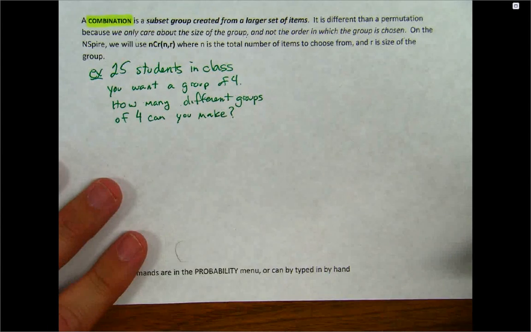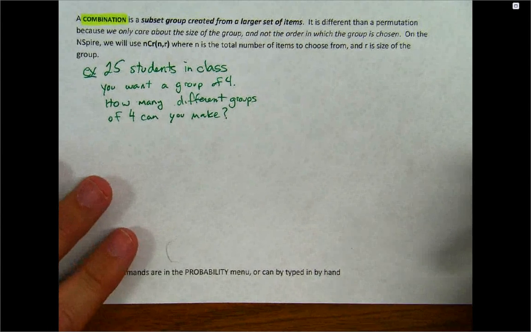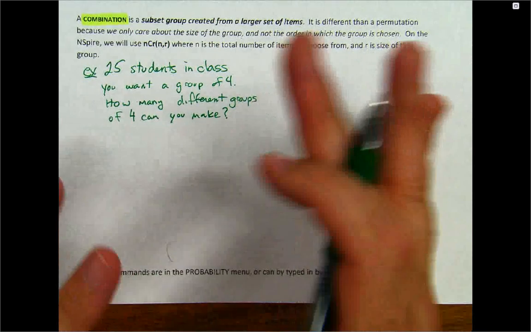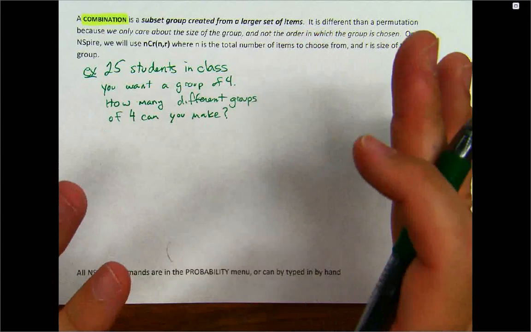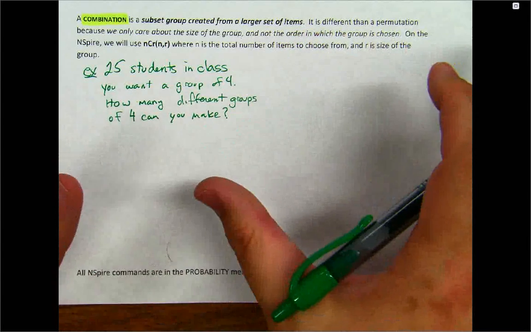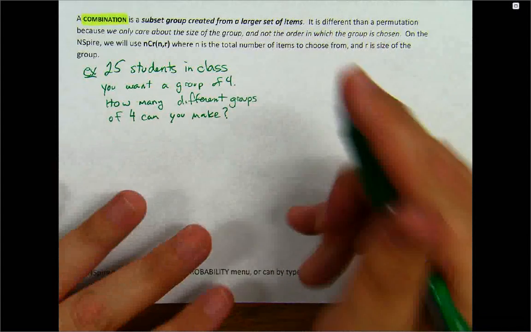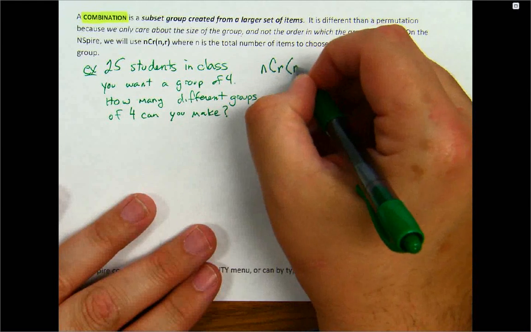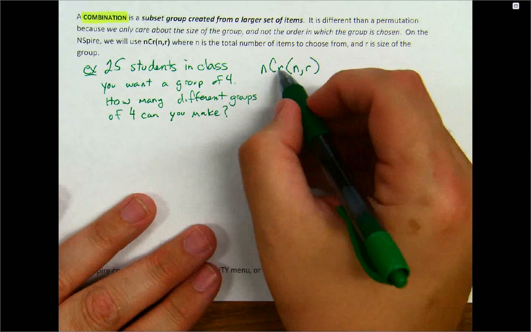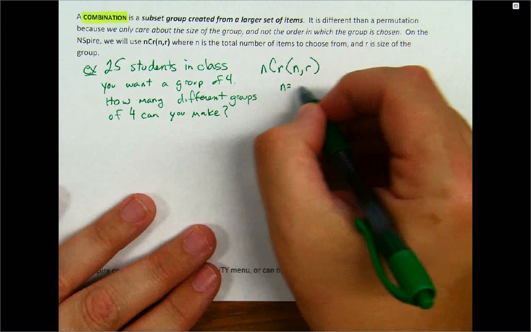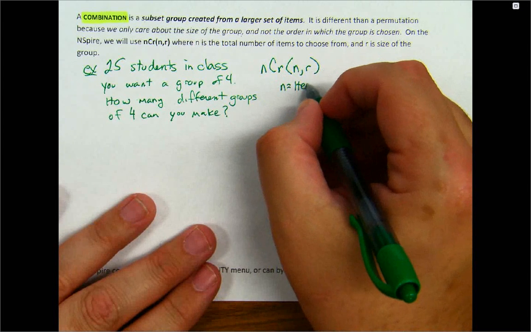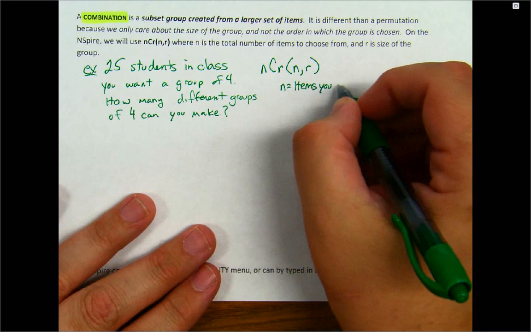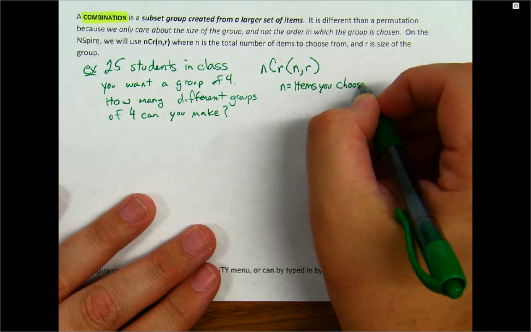Now the math behind this is a little bit different, but when you're talking about group size and they say I want a group of a certain size, use nCr. That's where the n and the r come from. The n is the items you choose from. r is equal to group size.